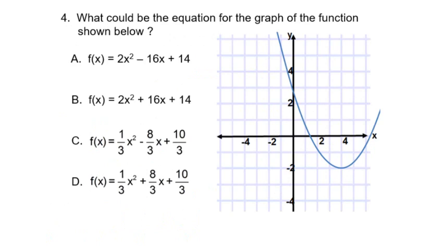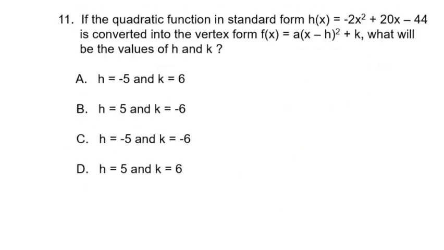Okay, next we're going to skip ahead to problem 11, which was one that a lot of people missed. Let's get over to number 11. Here we go. If the quadratic function in standard form h of x equals negative 2x squared plus 20x minus 44 is converted into the vertex form f of x equals a times (x minus h) squared plus k, what will be the values of h and k?